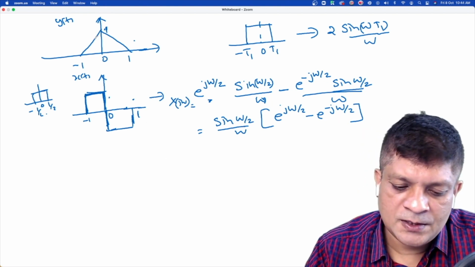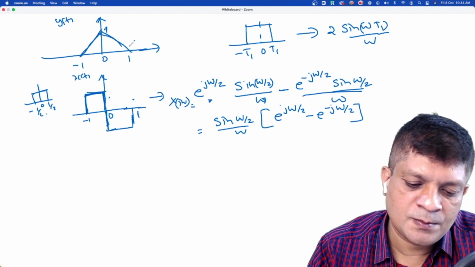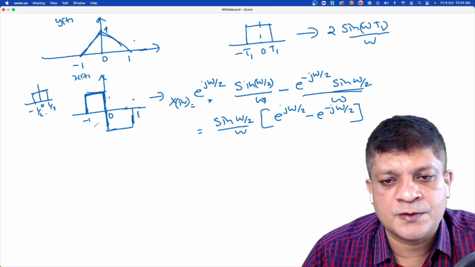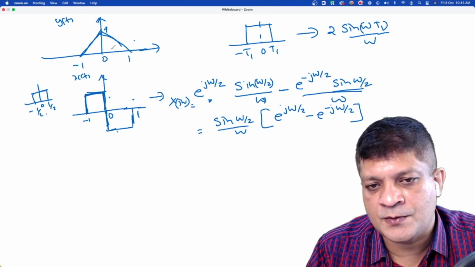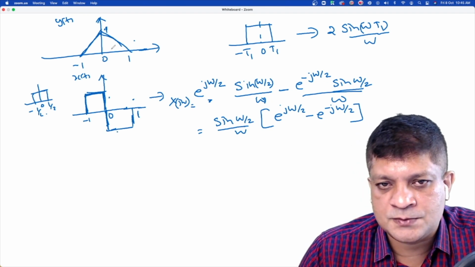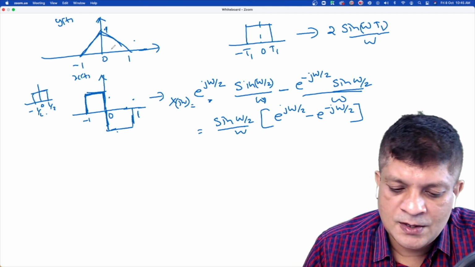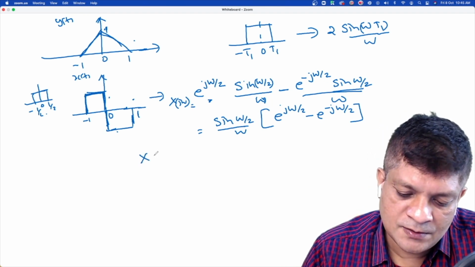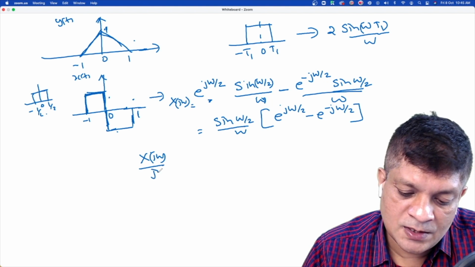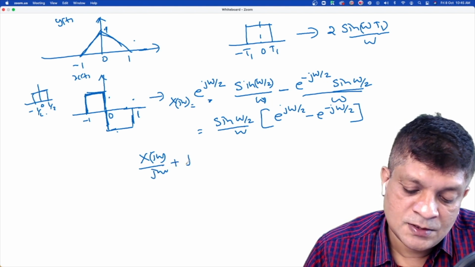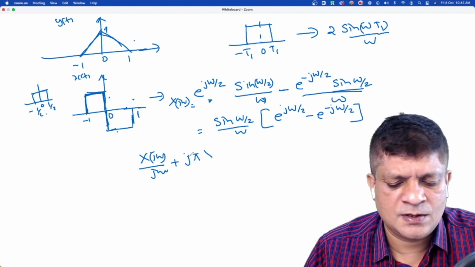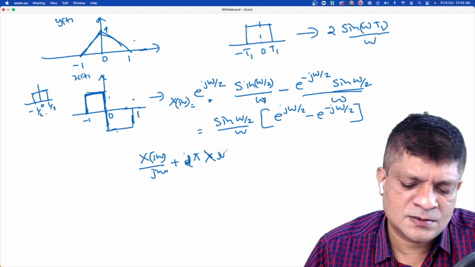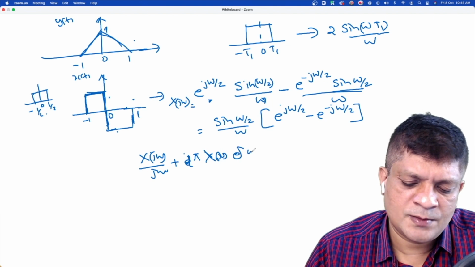Now, if you apply the integration property, because this triangular pulse is the integral of this, we can get the Fourier transform of this triangular pulse. Tell me, what is the Fourier transform? It is, if you remember, X(jω) by jω plus π X(j0) δ(ω).